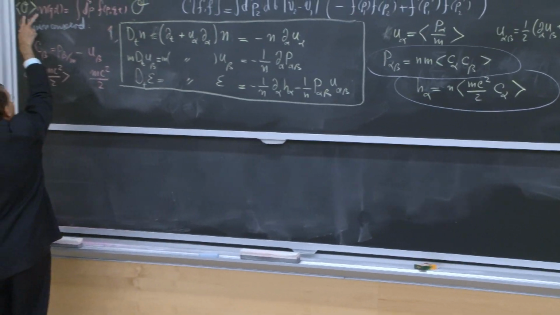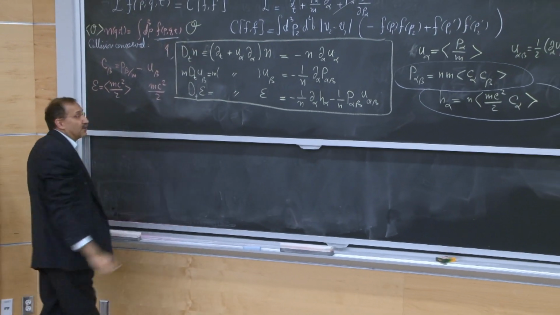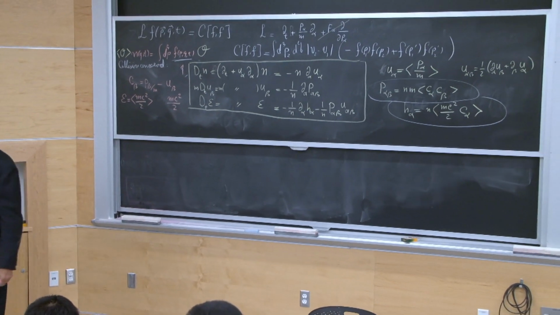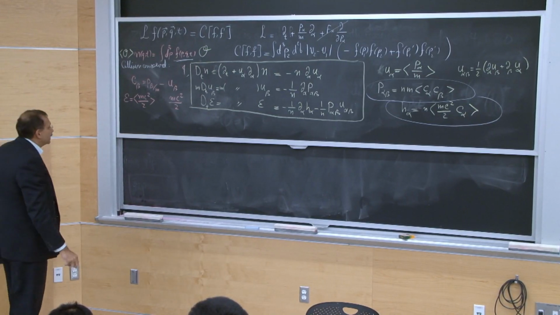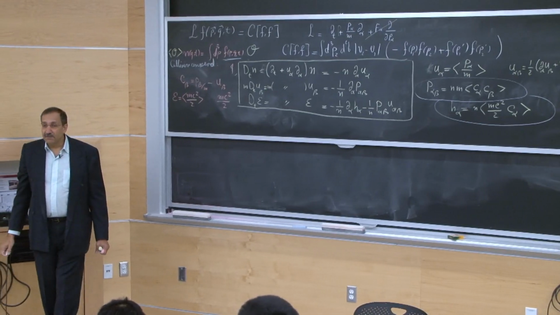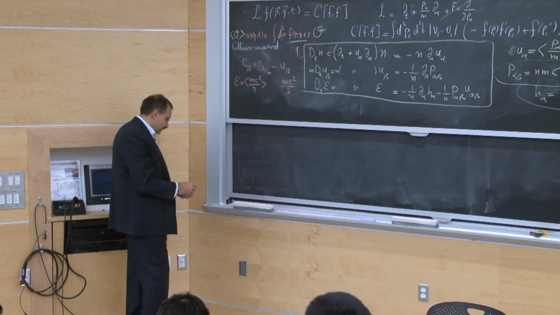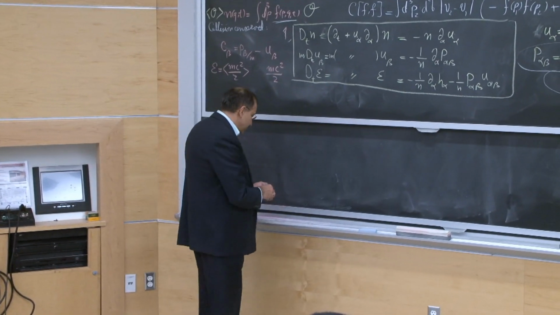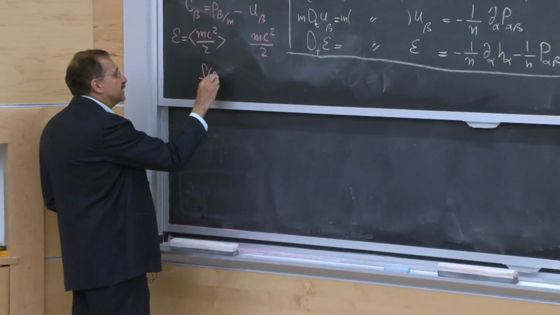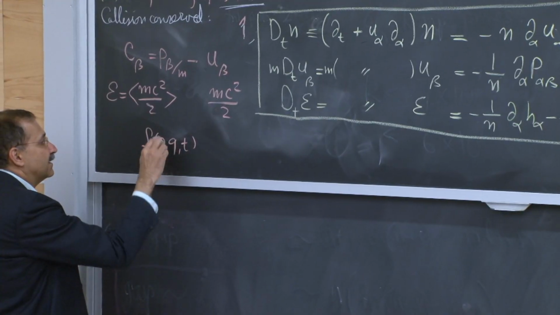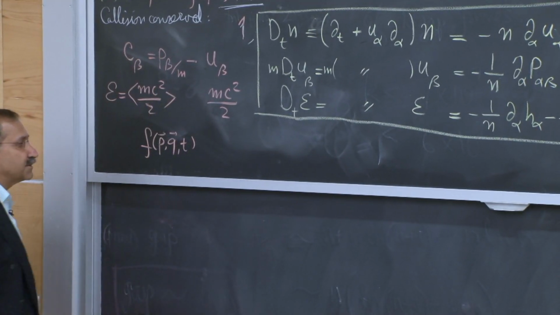In order to evaluate these averages, I need to know F. So how did we proceed? We said, well, let's try to find approximate solutions for F. So the next task is to find maybe some F, which is a function of P, Q, and T, and we can substitute over there.